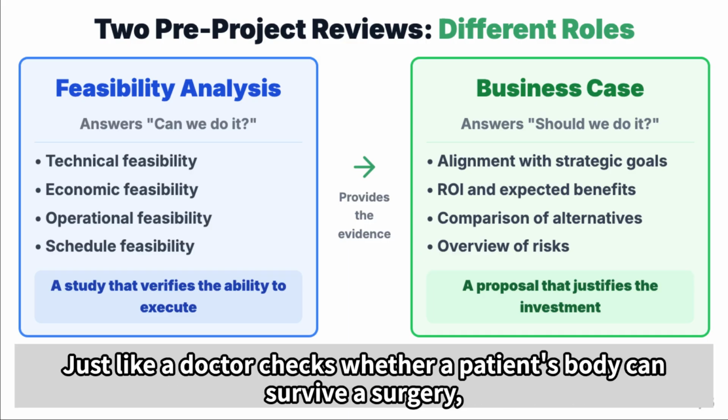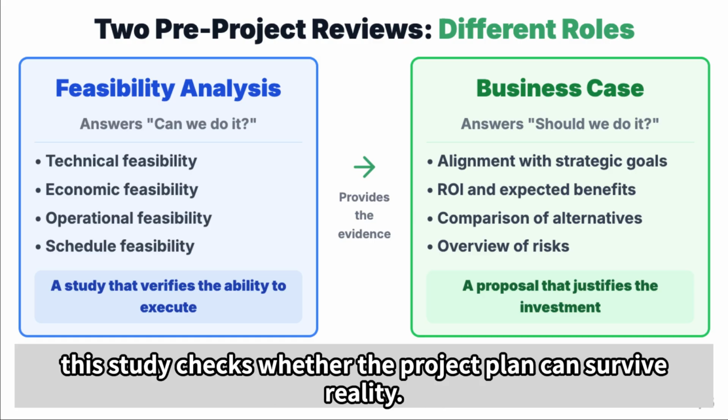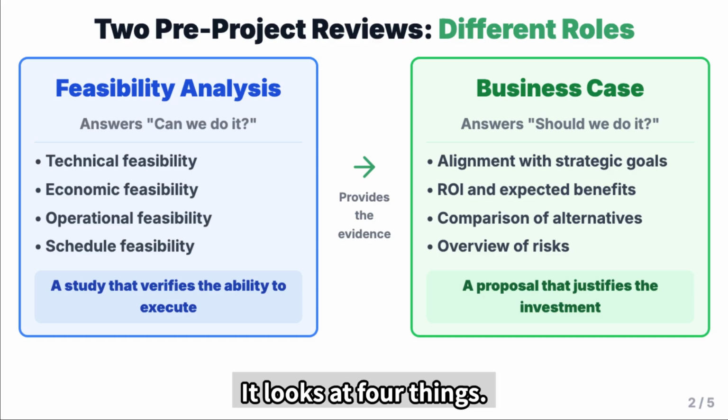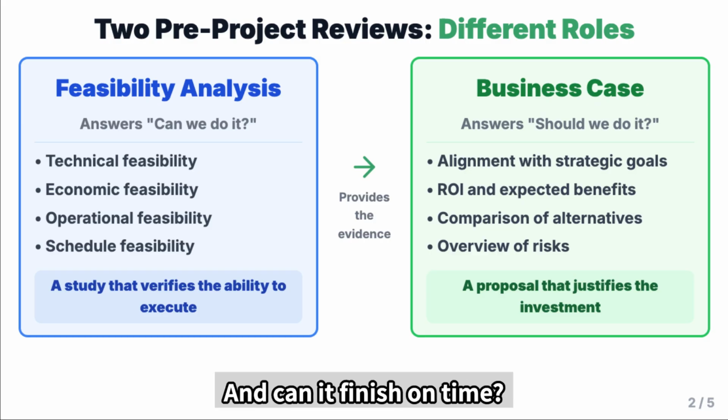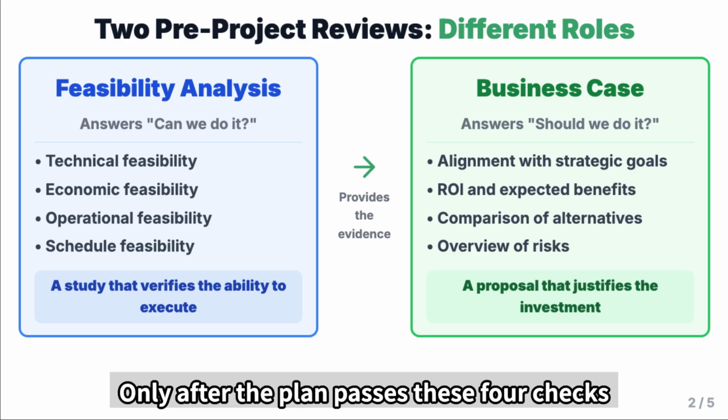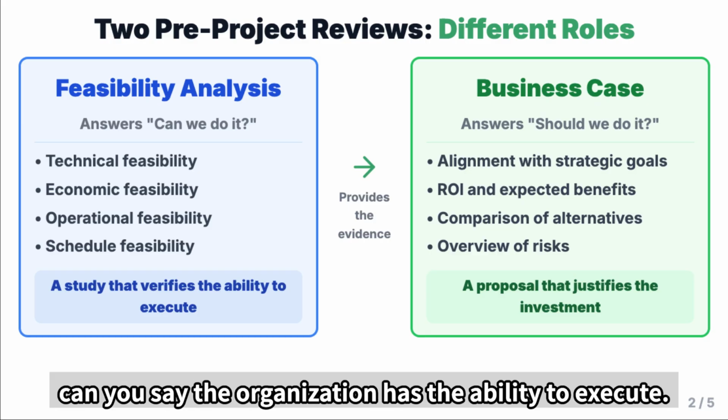Just like a doctor checks whether a patient's body can survive a surgery, this study checks whether the project plan can survive reality. It looks at 4 things. Is it technically possible? Does it fit the budget? Will the people on the ground accept it? And can it finish on time? Only after the plan passes these 4 checks can you say the organization has the ability to execute.